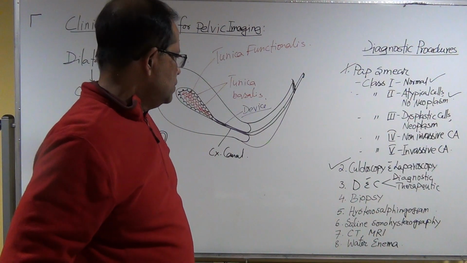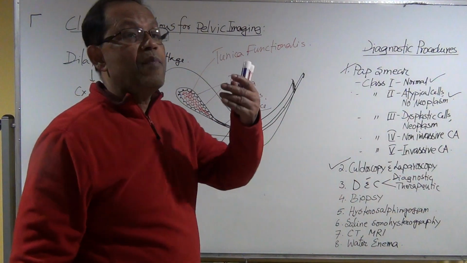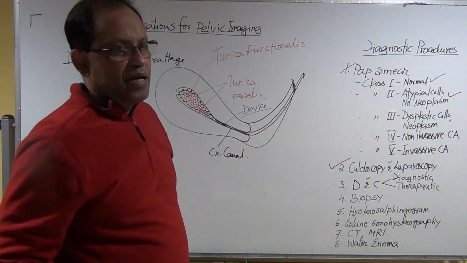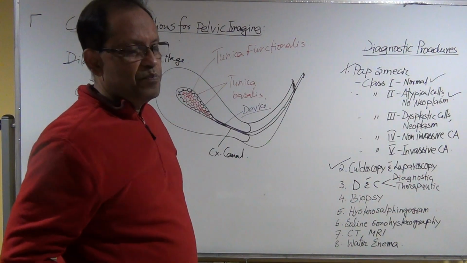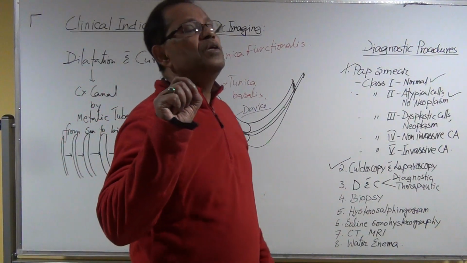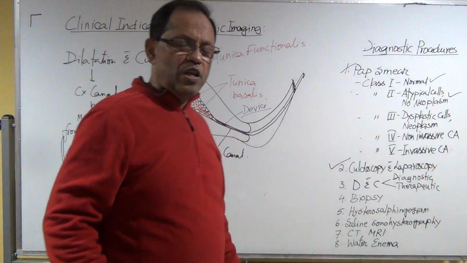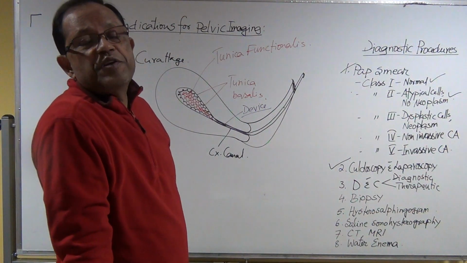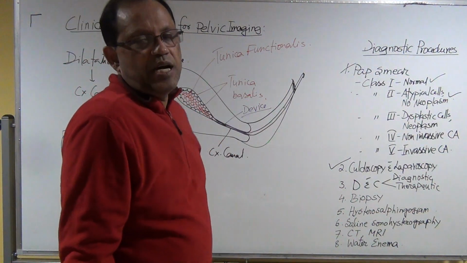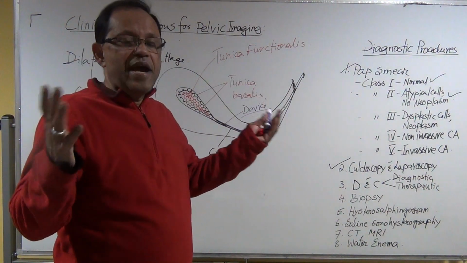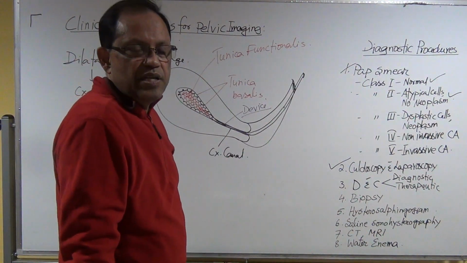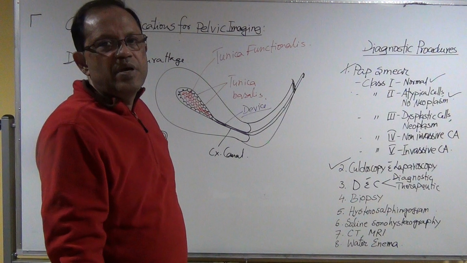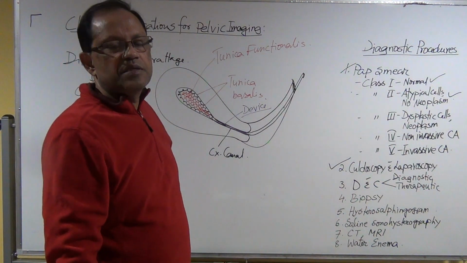What's going on? There might be a big polyp or multiple small polyps. There might be endometrial hyperplasia. The endometrium is wider, growing thicker, and more bleeding takes place.